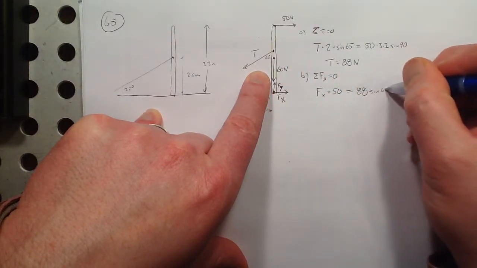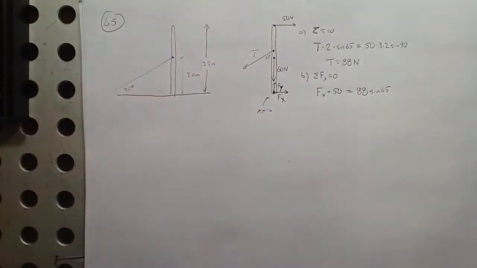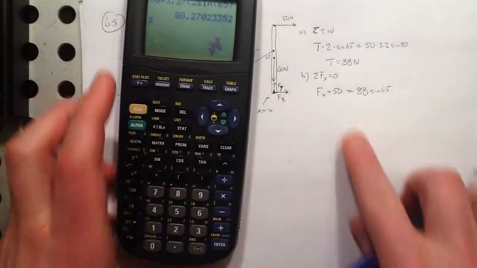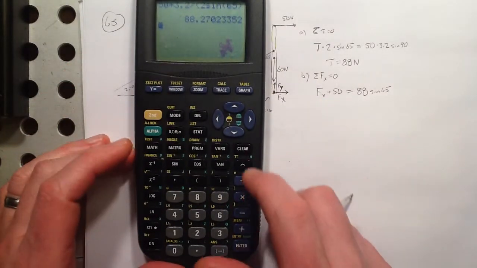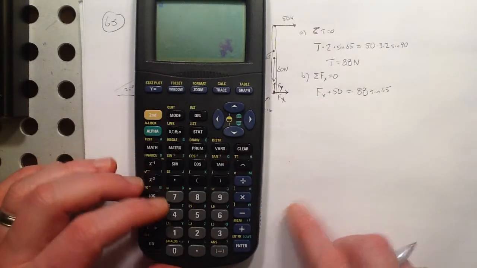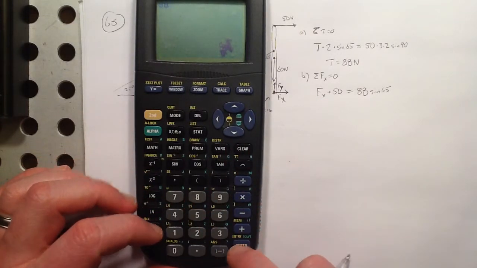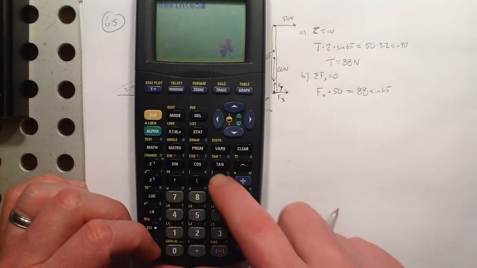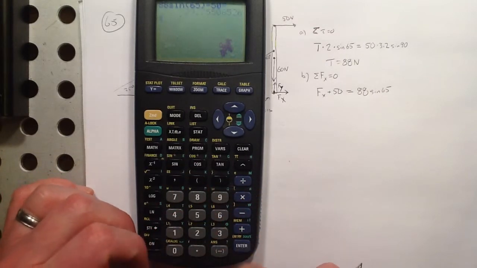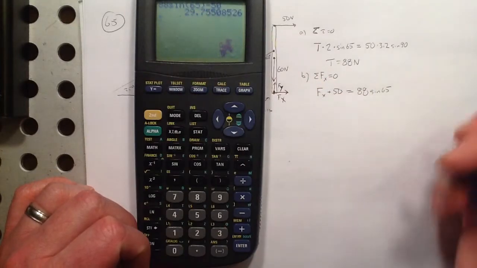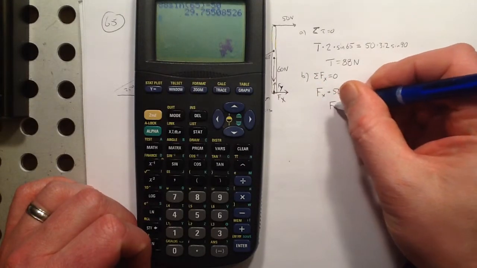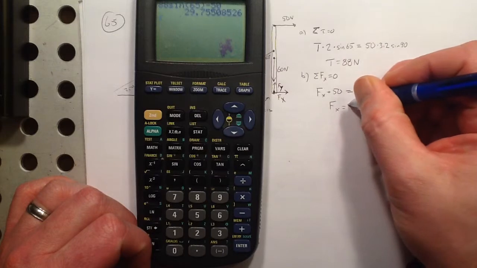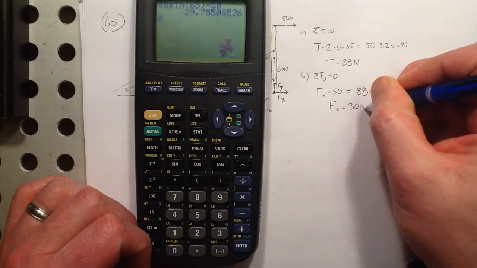So that would be the sine of 65. So my horizontal hinge force would be 88 sine 65 minus 50. And it's a positive number, so I guessed right. That's about 30 newtons.